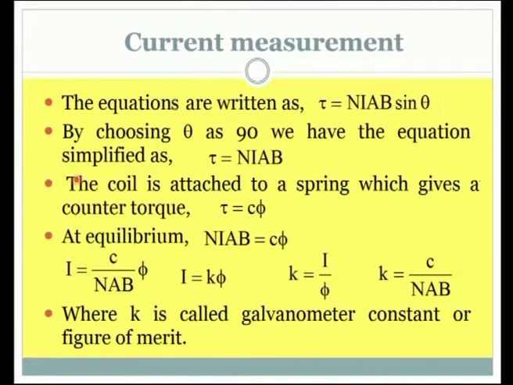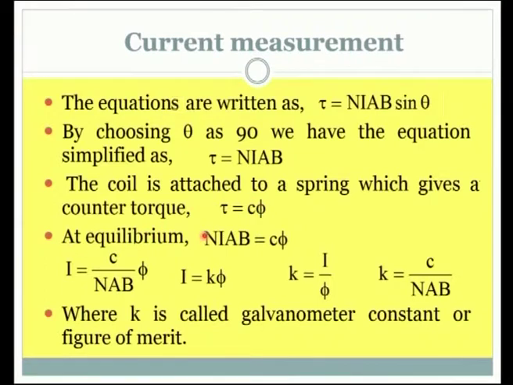The coil is attached to a spring which gives a counter torque, tau is equal to C phi. What is C here? C is called the couple per unit twist of the spring that is attached. This phi is the deflection, the angle or the division, whatever it is.